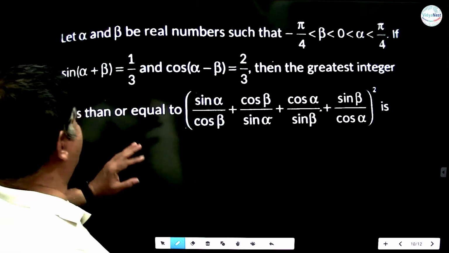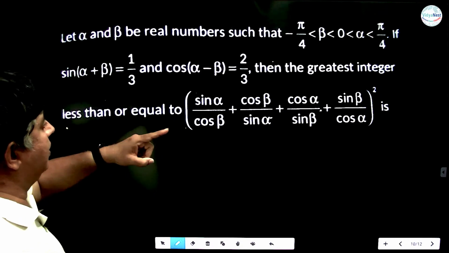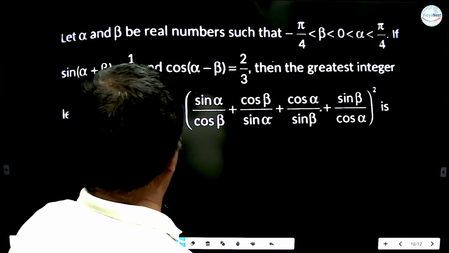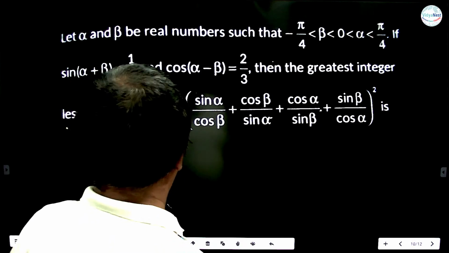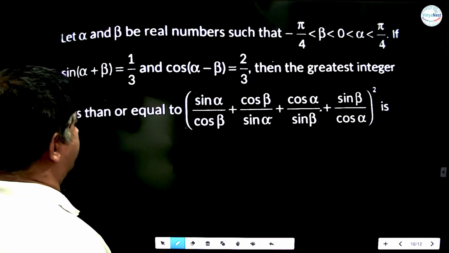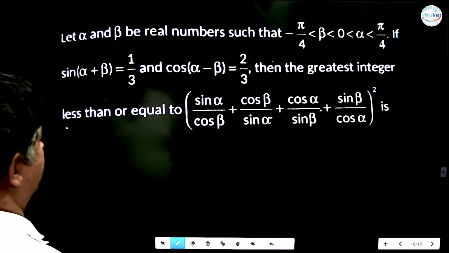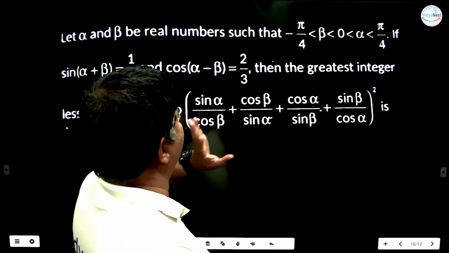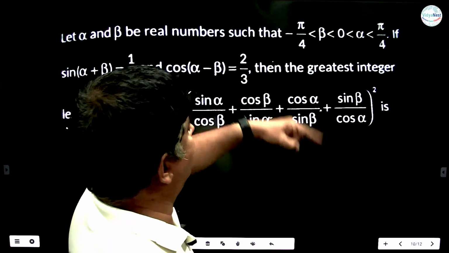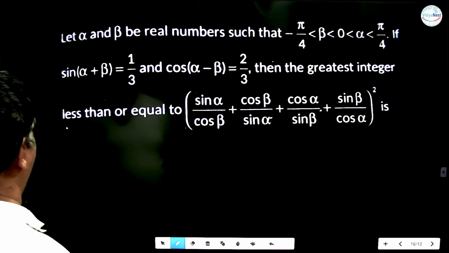You are told to find the greatest integer less than or equal to this. Actually, you are told to find its integral value. Let's see how to simplify.